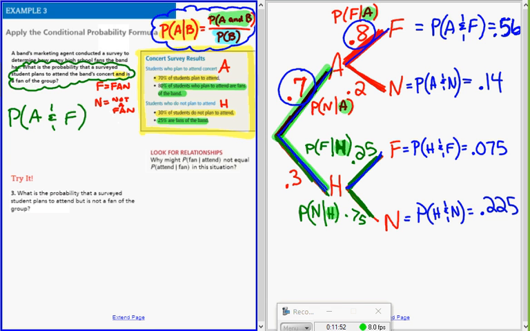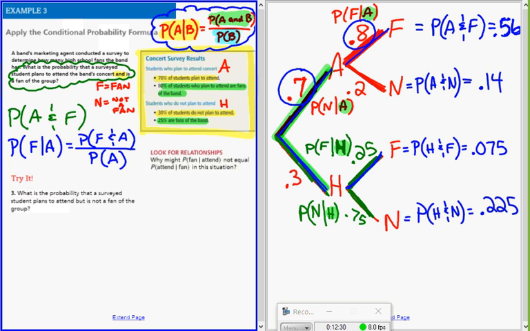So let's take that very top path, for example. We were looking for the probability of A and F, that you are a fan of the band and going to the concert. And what we did is we took the probability of F slash A equals probability of F and A divided by the probability that you are attending. Okay, that's actually what I set up in my mind, even though I didn't show the work for it.